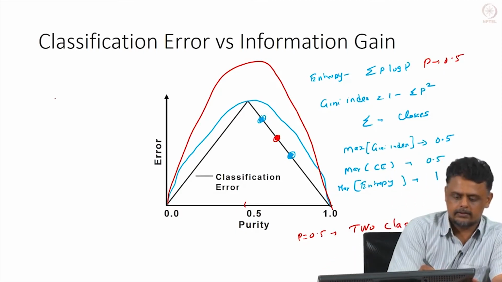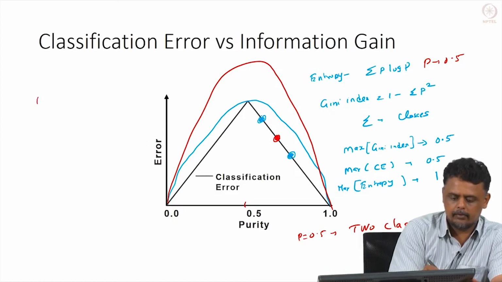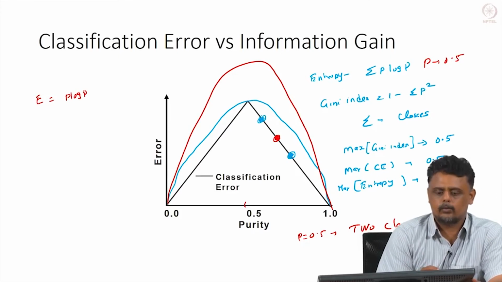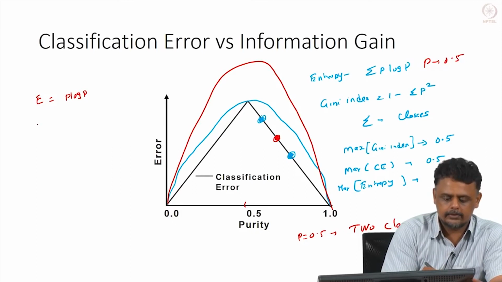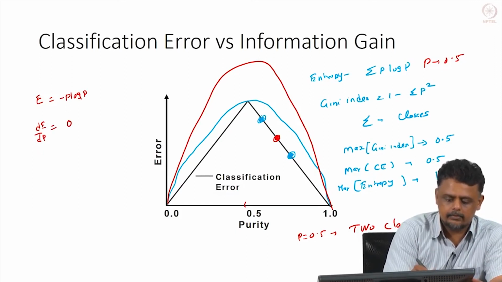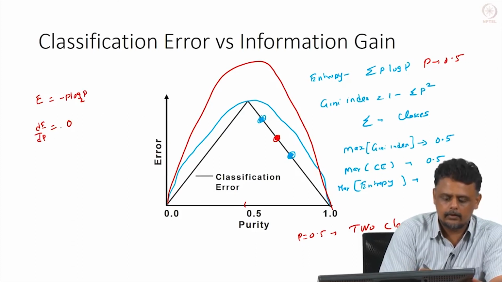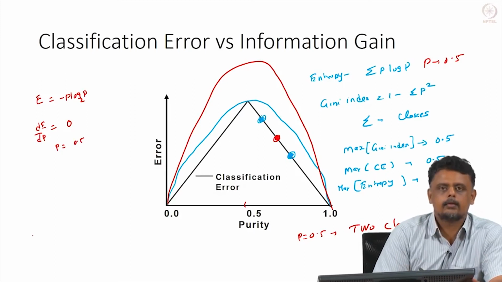For instance, remember the entropy formula, E is minus P log P. Think of P as a variable, and you want to find the maximum value, so you just take the derivative of minus P log P with respect to P and set it to 0. If you do that, again this is base 2, you will figure out that it happens when P equals 0.5.